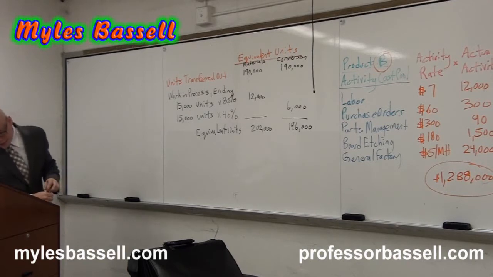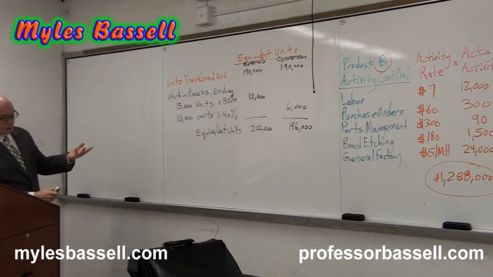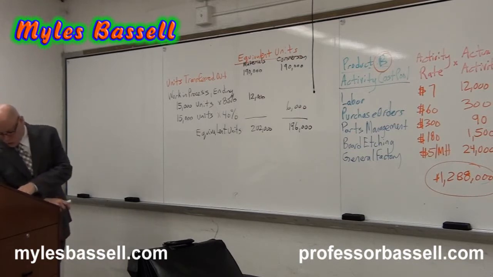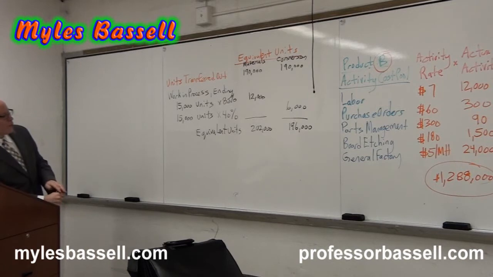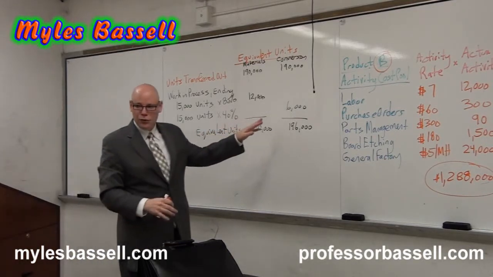They told us that at the end of the month, we had work in process, those partially completed goods, which is 15,000 units. 40% was converted. So that's 6,000 units.